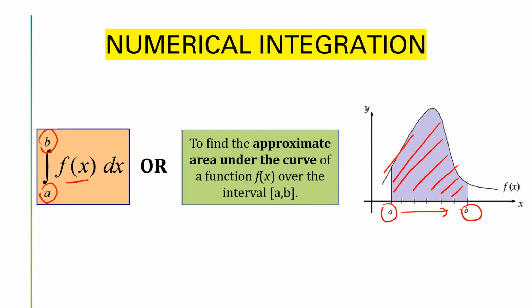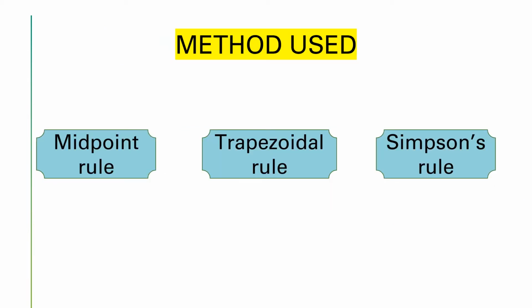So in today's lesson, we will learn how to approximate the area under the curve of a function f(x) over the interval AB. There are three methods that will be considered in this numerical integration: first is the midpoint rule, then the trapezoidal rule, and Simpson's rule.